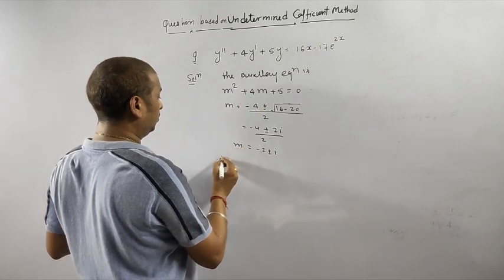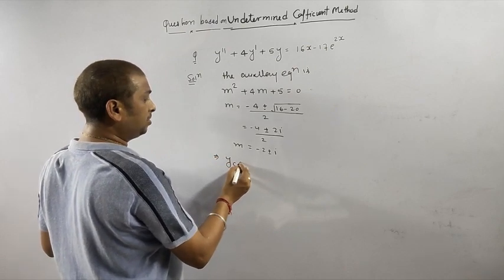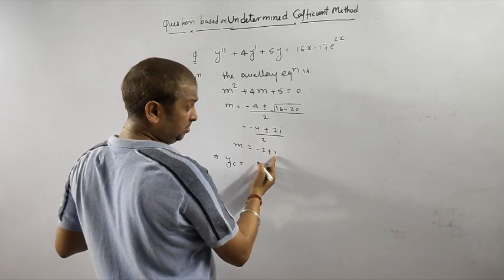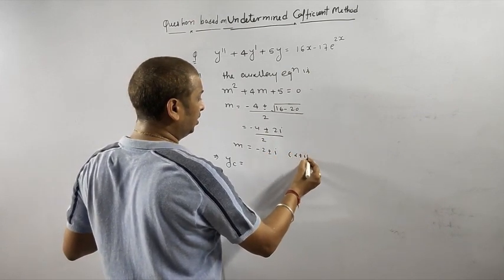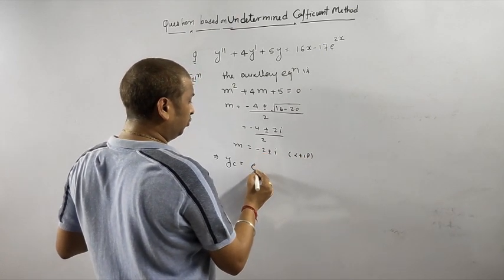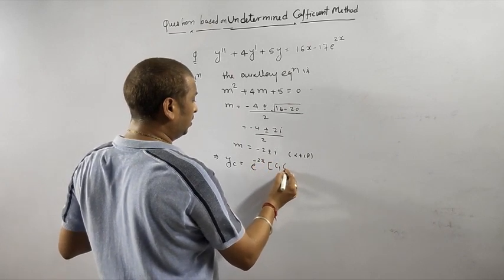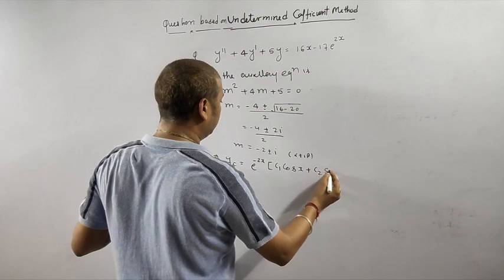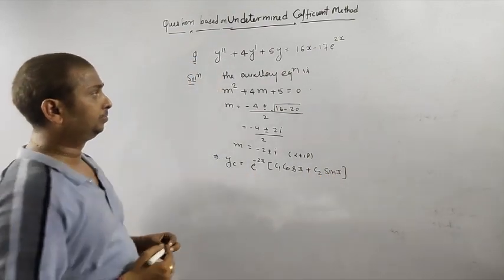This is your m value. What is your yc? Yc means the complementary function. Because this is an imaginary root of the type alpha plus minus iota beta, what is the alpha value? Minus 2. So e to the power alpha x, c1 cos beta x plus c2 sin beta x. This is your yc part.